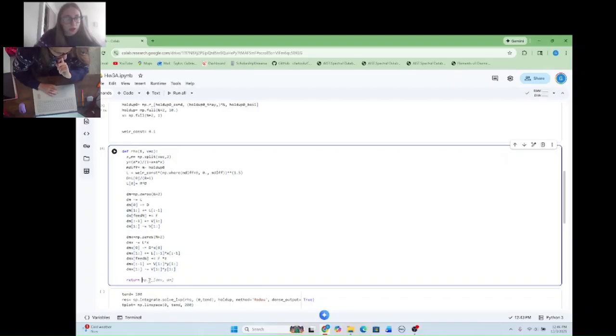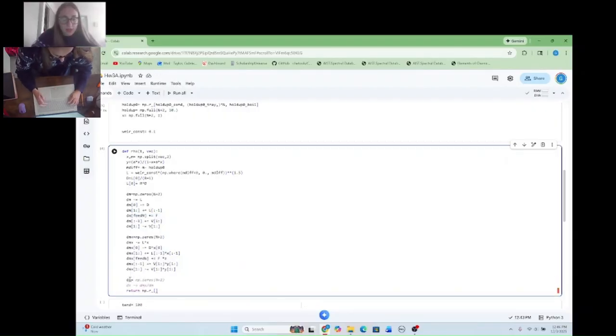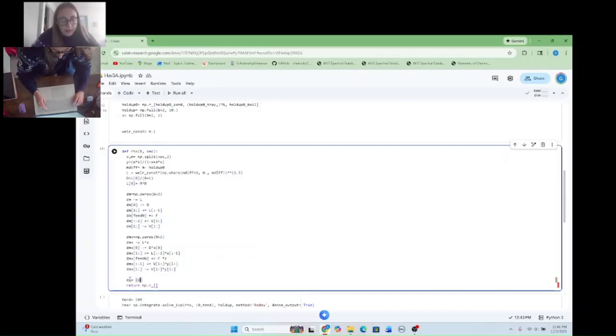Okay. Now after this, what we're going to return is np.r_, and we're going to concatenate this. Oh wait, I forgot. This is what we need: we need our dmx. Now we need to solve for our dmx. That equation, I have it on my iPad, so I'll just look it up there.